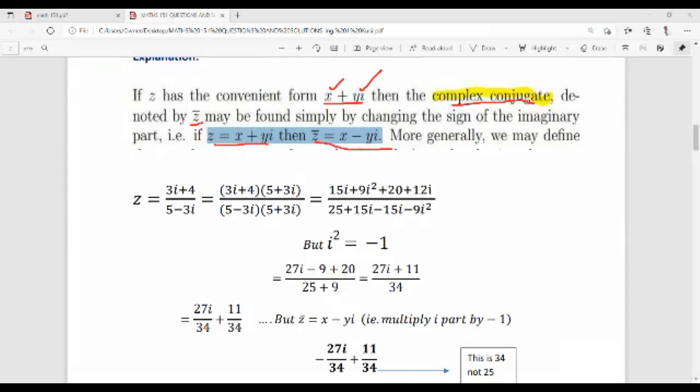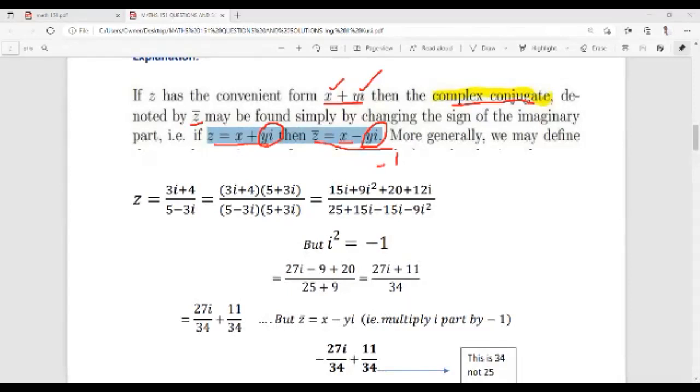That means you multiply the imaginary part by -1 to obtain minus yi. So you maintain the real part, then you multiply the imaginary part by -1. That is how you find conjugates. Are you okay? Yeah, good.